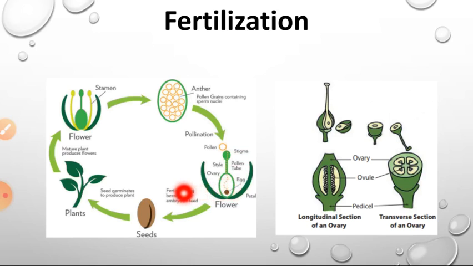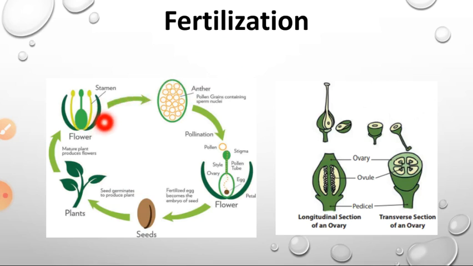Next, after the pollen grains reach the ovary, it becomes the fertilized egg, which becomes the embryo of the seed. Embryo means a new plant. After that the seed germination process will start. So after pollination, the fertilization process takes place.